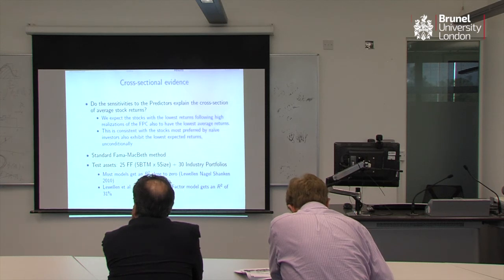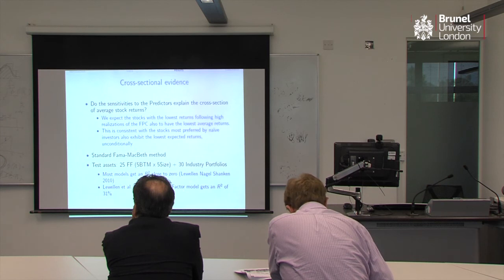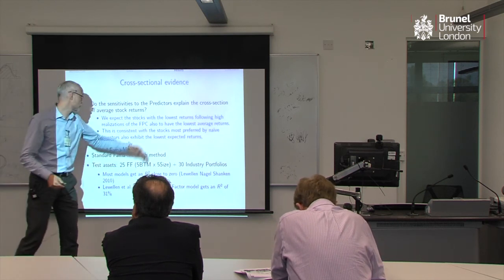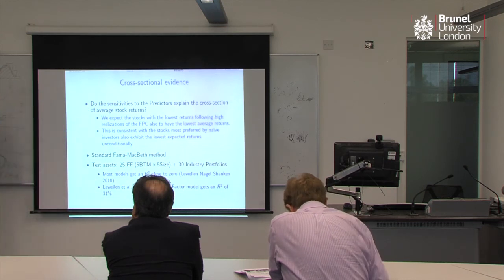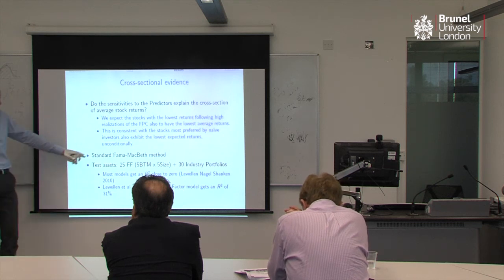Given the naive investor story, we might expect that stocks with the lowest returns following high realizations of the first principal component, that is, high sentiment, would also be the ones with the lowest average returns, namely those stocks most affected by sentiment, the growth stocks. So we'll test that in a standard Fama-MacBeth framework.